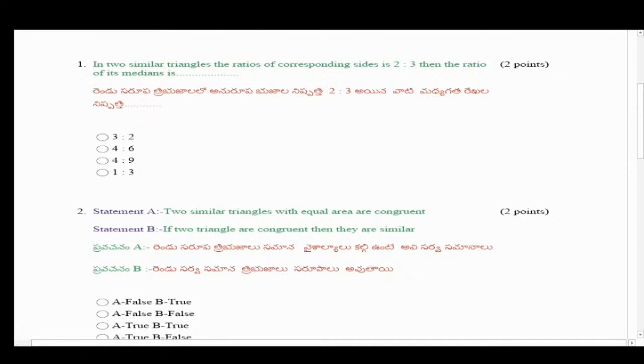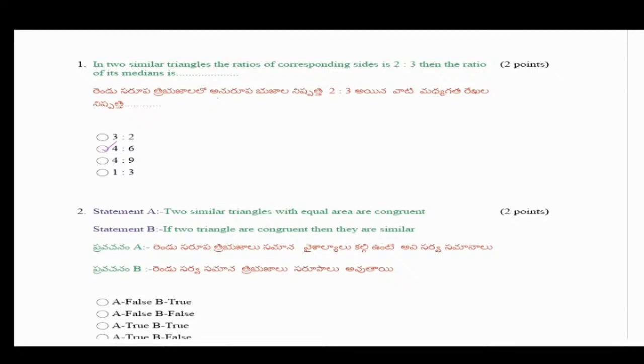But in the answers we have no 2:3. The equal ratio of 2:3 is 4:6. 4:6 is nothing but 2:3, so the second option is the correct one. Once again, we know that the ratio of sides of two similar triangles is equal to the ratio of medians of the two similar triangles.